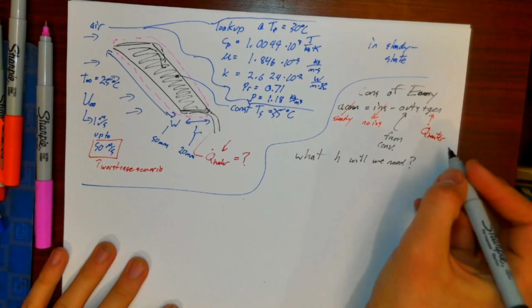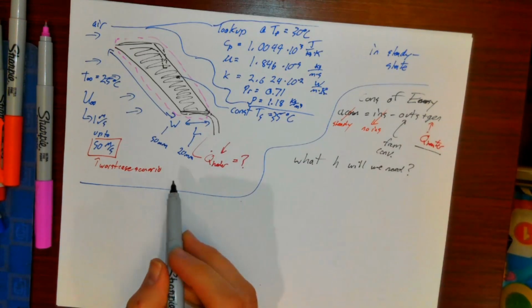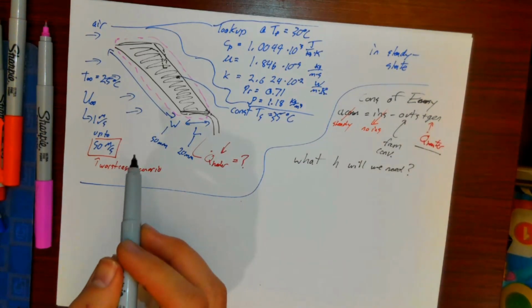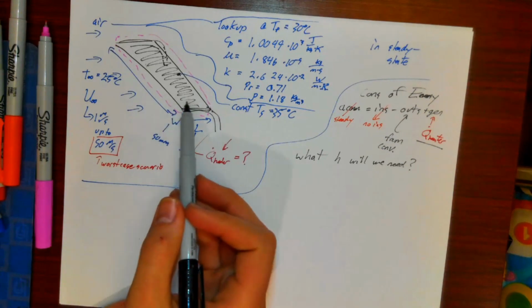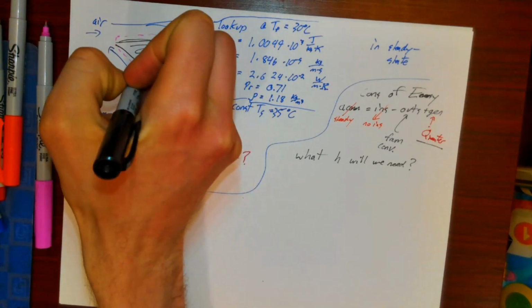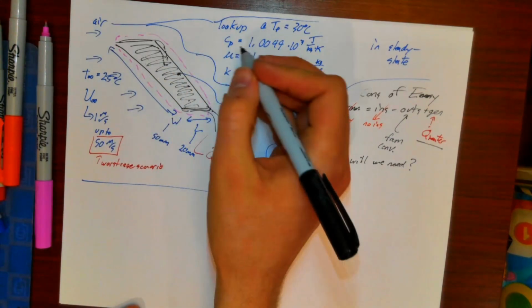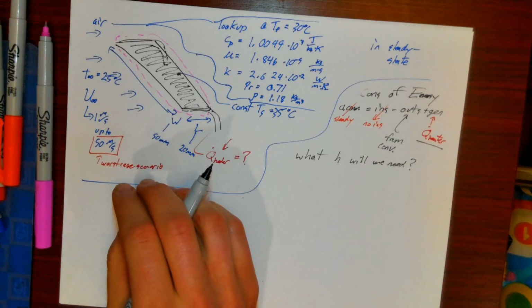Well, we're looking to aggregate total heat flows. We're looking to relate T infinity and our surface temperature. We're not interested in the details of what's happening at this point in the plate or this point in the plate or this point in the plate. We're just saying, how many watts are coming out of the whole plate? I'm just lumping that whole thing together.